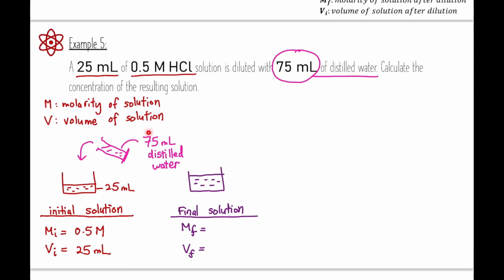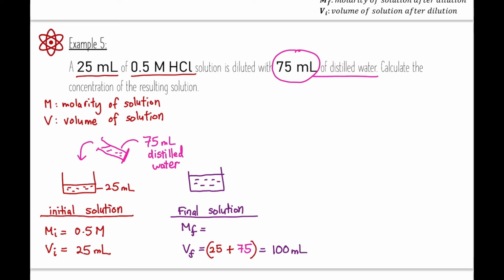When 75 ml of distilled water is added to the solution, the total volume of the final solution will change. Therefore, the new volume for the new solution is 25 plus 75 milliliters. This will result in 100 milliliters.